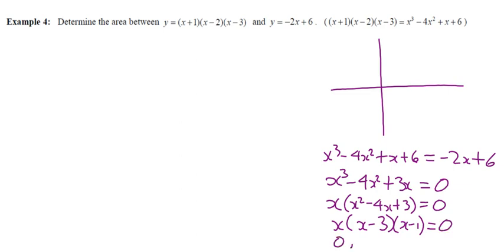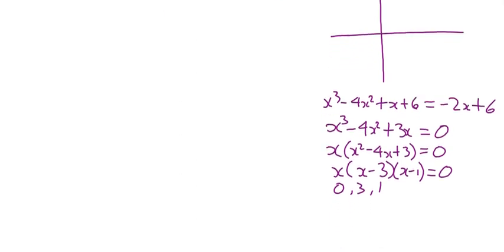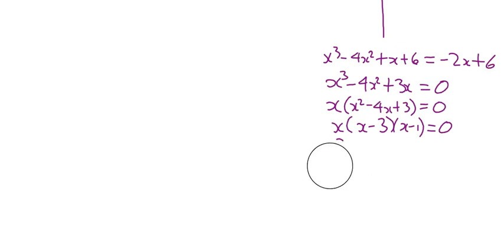So 0, 3, and 1. These two curves are going to intersect at 0, 3, and 1. Actually, let's write it out this way: x equals 0, x equals 3, x equals 1.